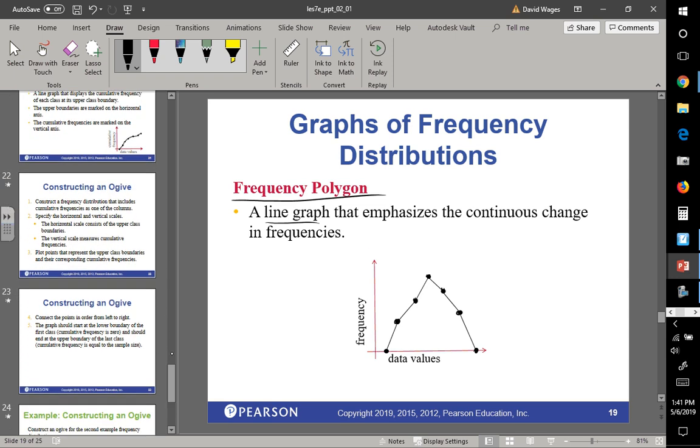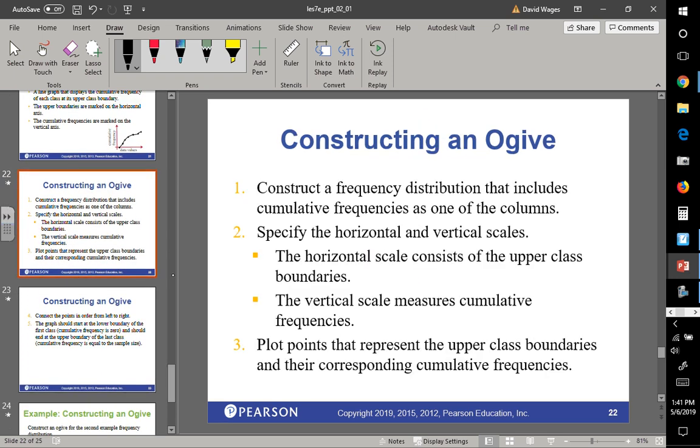Let's see. An ogive deals with cumulative frequencies. Again, the horizontal scale lists the upper class boundary for each class, and the vertical scale is the cumulative frequencies, and we have a point at the upper class boundary and the corresponding cumulative frequency.